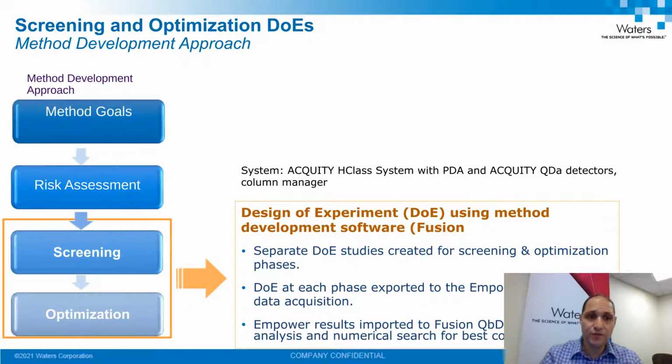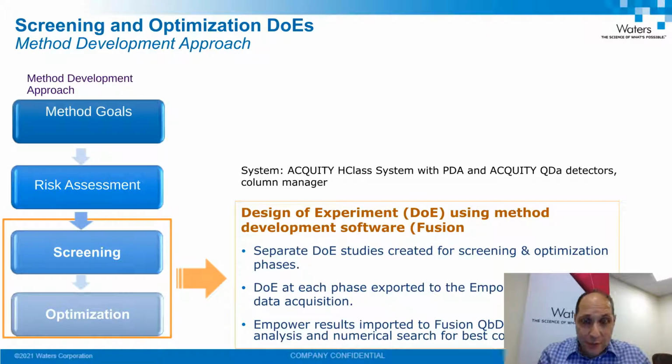The numerical search for best conditions was also performed. As for system, we used an H-Class system that is coupled with PDA and QDa for mass detection. And we also used a column manager that allows us to use multiple columns for screening.